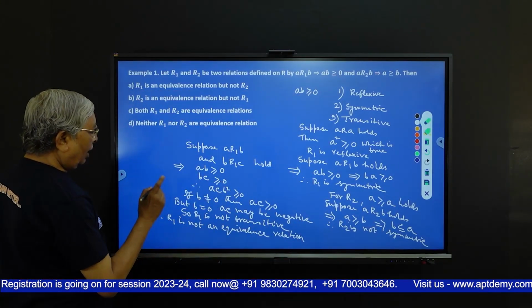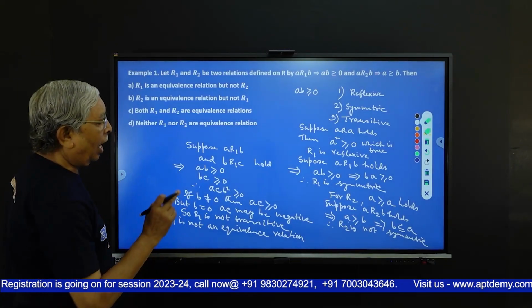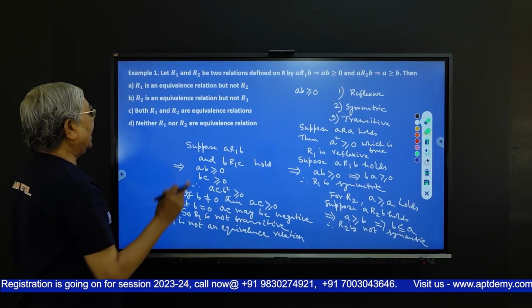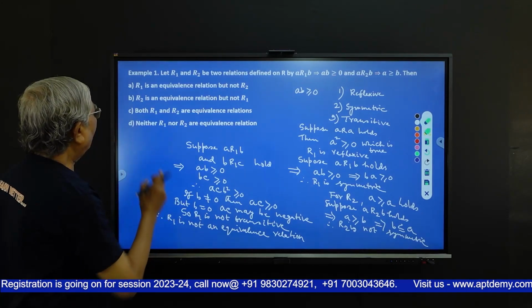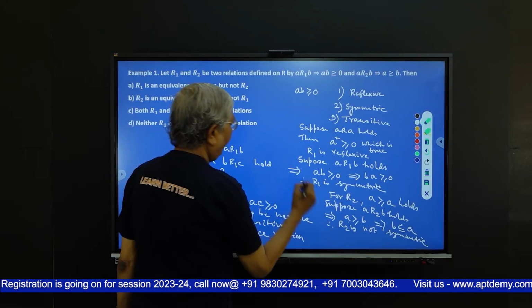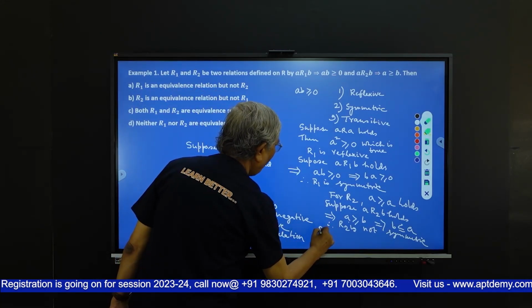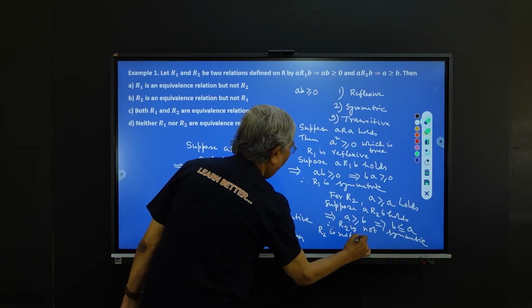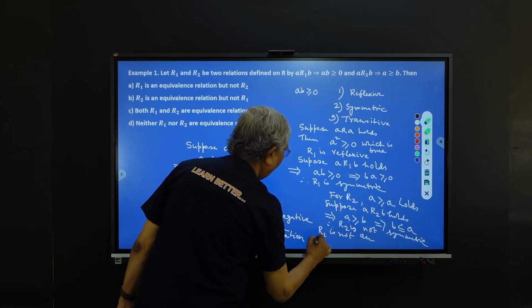So R1 is not an equivalence relation. R2 is not an equivalence relation. So which one is correct? Number D. Here you can write R2 is not an equivalence relation.